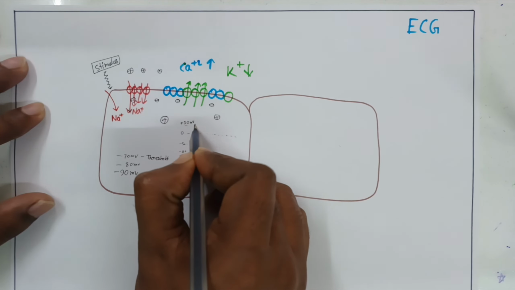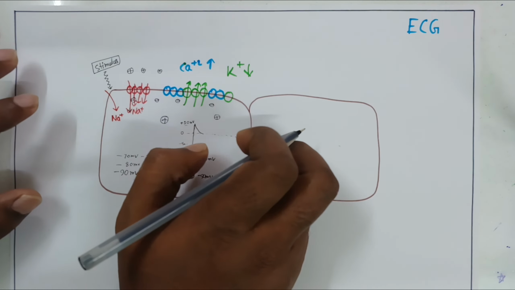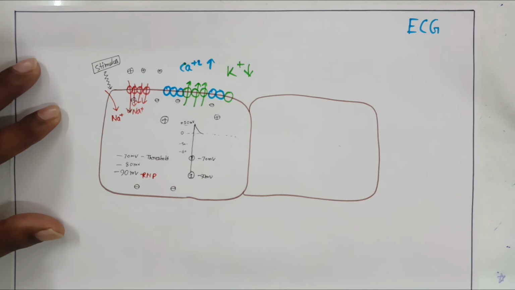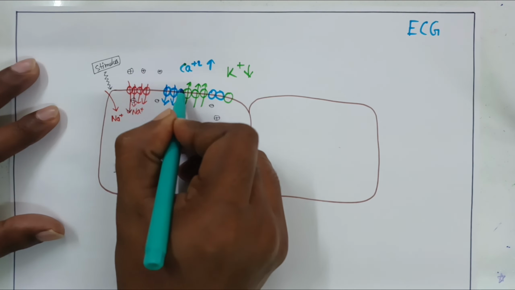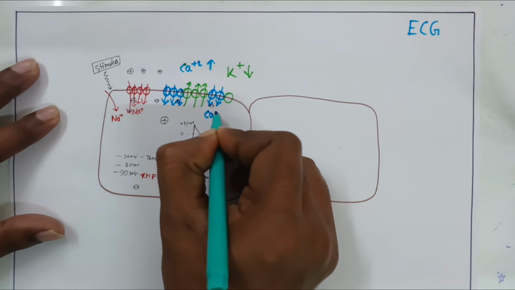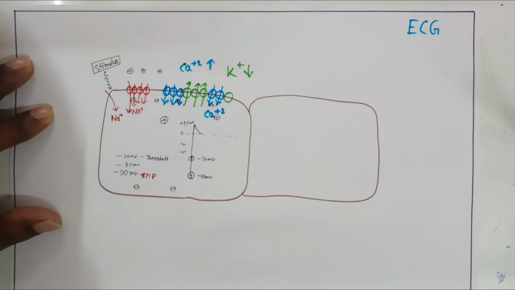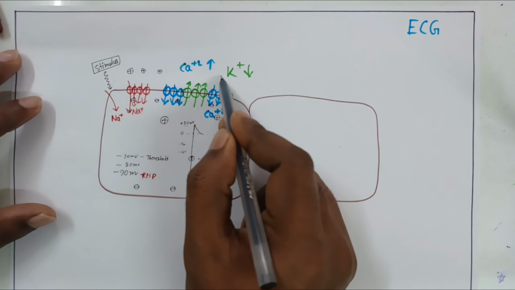Now when the membrane potential reaches 0, the calcium channels also open. That means lots of calcium ions get into the cells. For a few moments calcium gets in and potassium goes out.